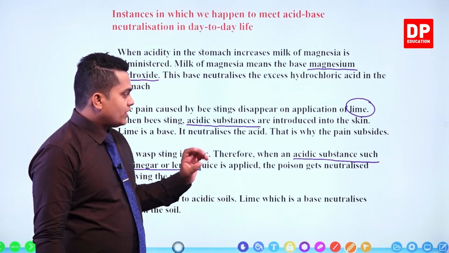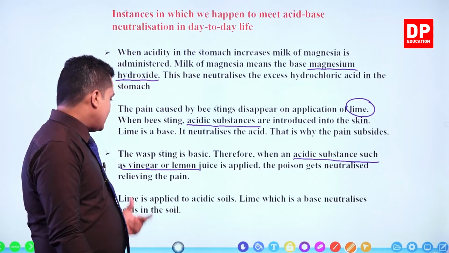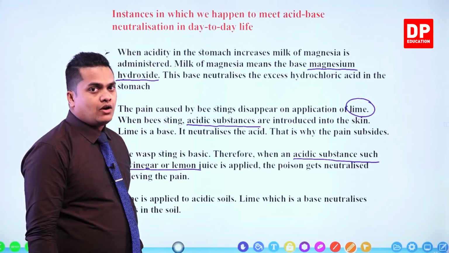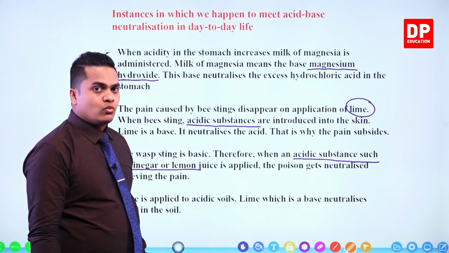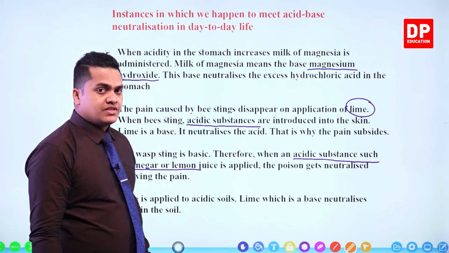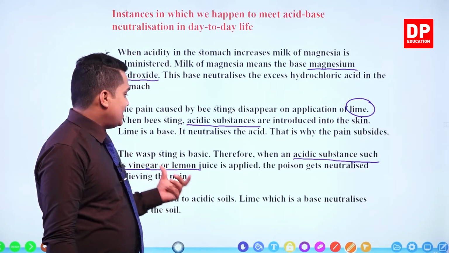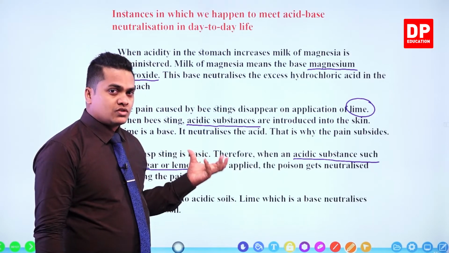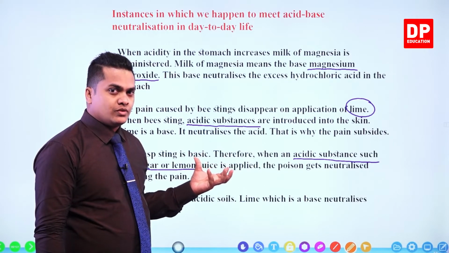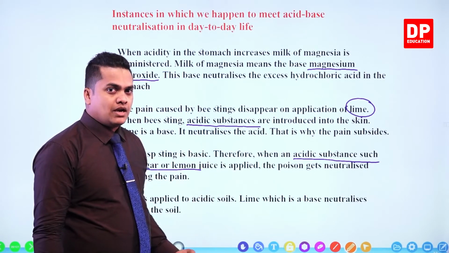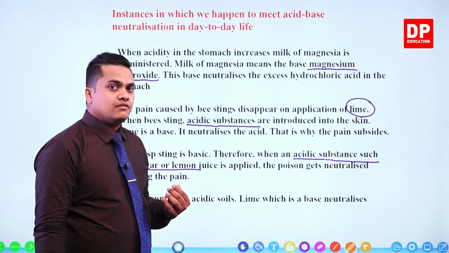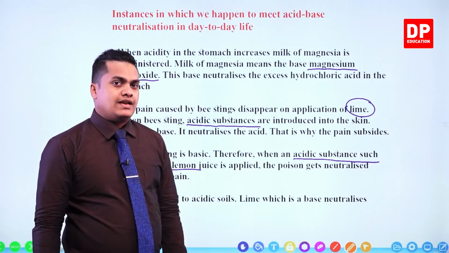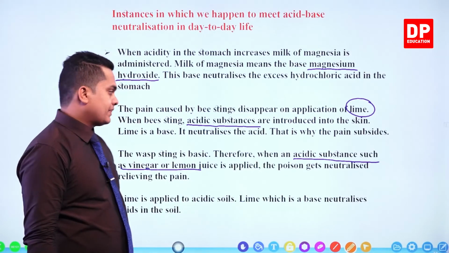So the poison gets neutralized, relieving the pain. This is how the wasp sting works, my dear children. When wasps sting your skin, you need to apply an acid to get some relief.